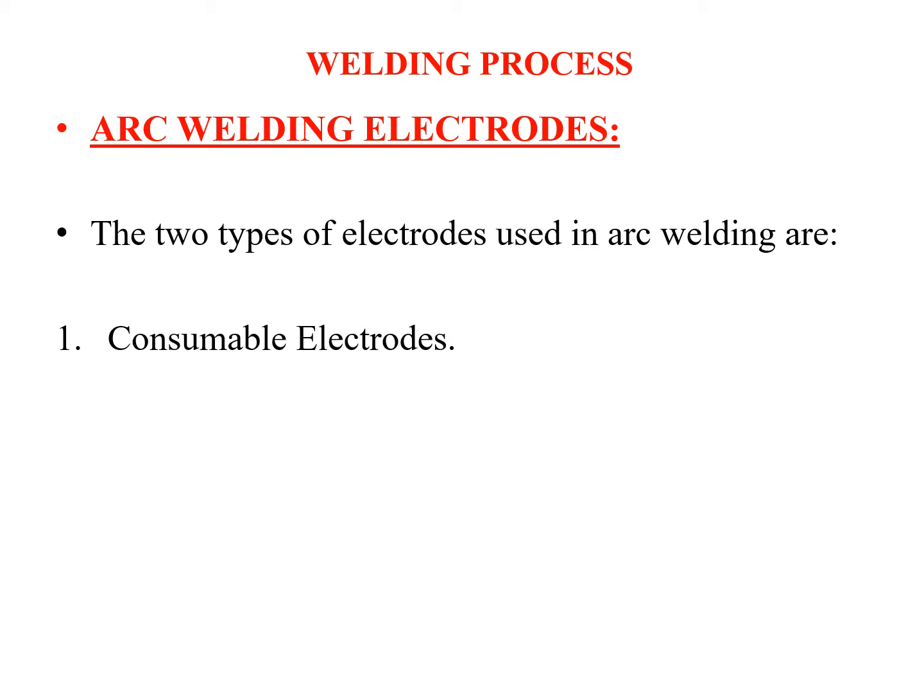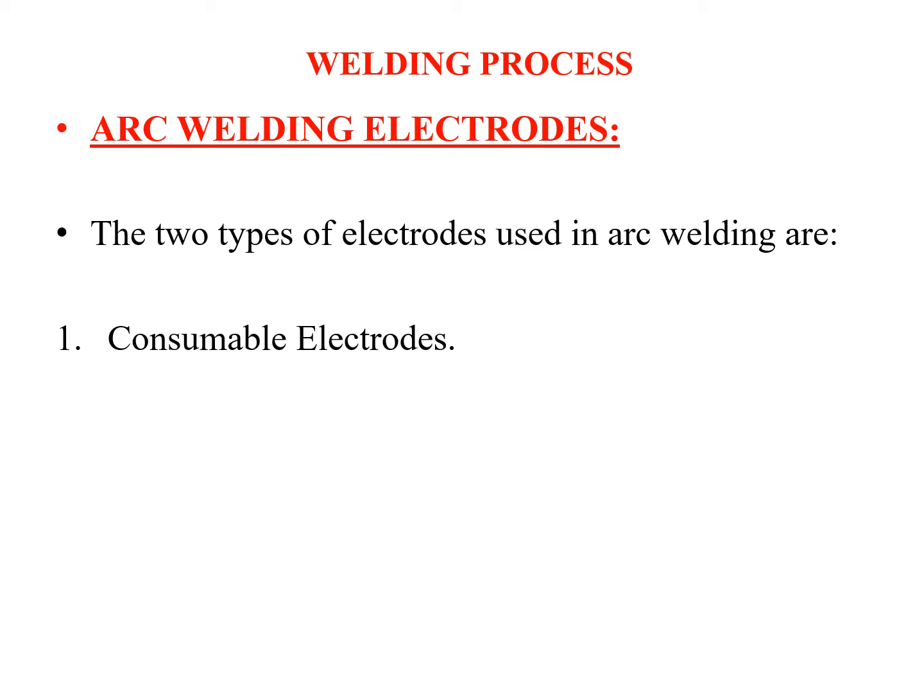When we use bare electrodes, the globules of molten metal, while passing from the electrode, absorb the atmospheric air, that is oxygen and nitrogen, and form non-metallic constituents which get entrapped in the solidifying weld metal, thereby decreasing the strength of the joint.